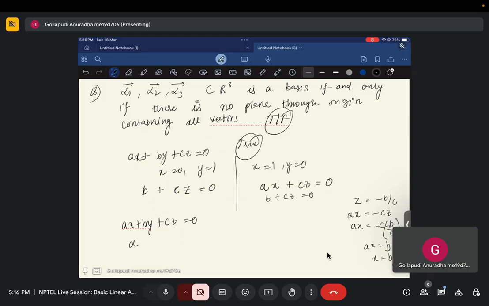So ax plus by plus cz is equal to 0, I can write as... Let's stick with standard basis, 1, 0, 0. Sorry, xyz is a plane, right? So xyz is a point in the plane, so x I'll write as b by a, y will be my y itself, and z will be some value.